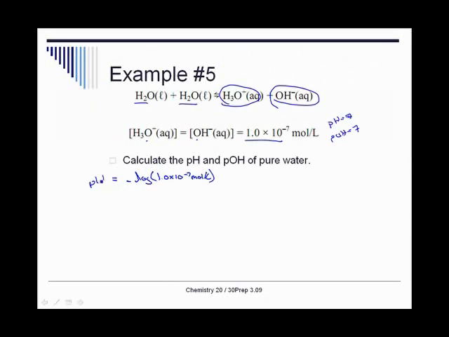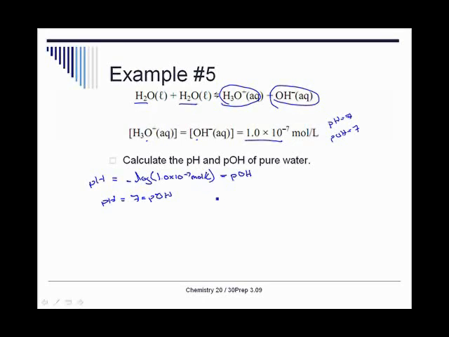This is equal to our pH, because the concentration of hydronium is 1.0 times 10 to the negative 7. It's also going to be equal to our pOH, because this is the concentration of hydroxide as well. So in both situations, the pH is equal to 7, which is the same as the pOH in neutral water.